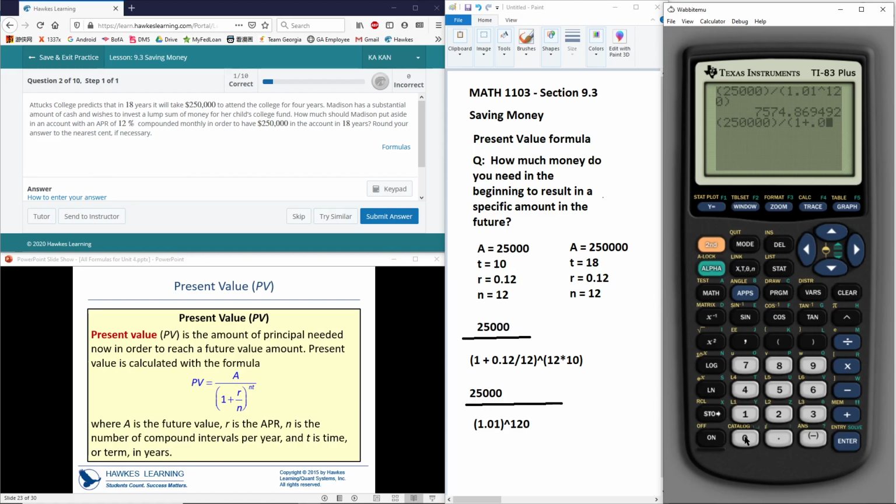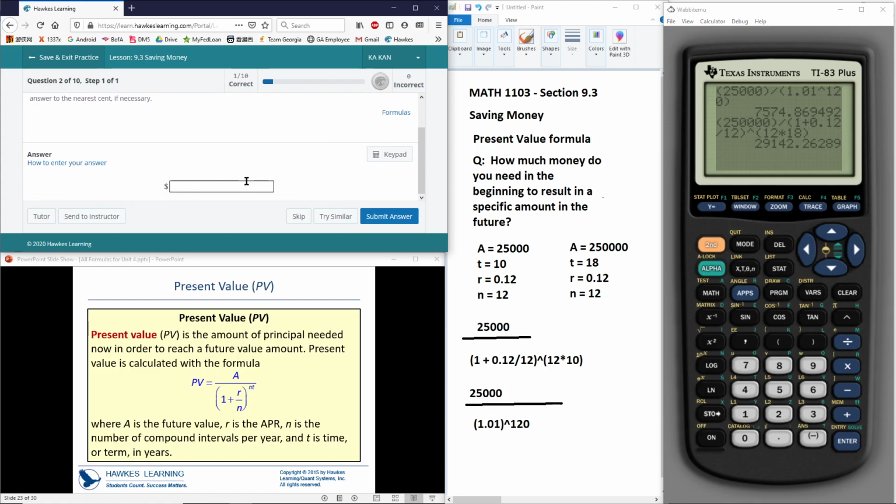So that's 0.12 divided by 12, and then close parenthesis. Raise it to the power of 12 times 18. Make sure you have another round of parentheses like this. And I got 29,142. Let's try that.